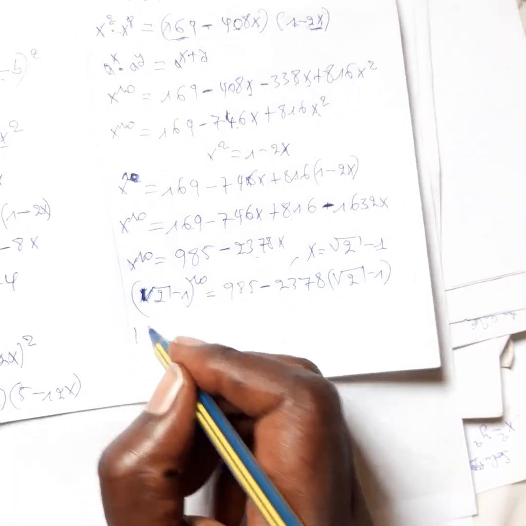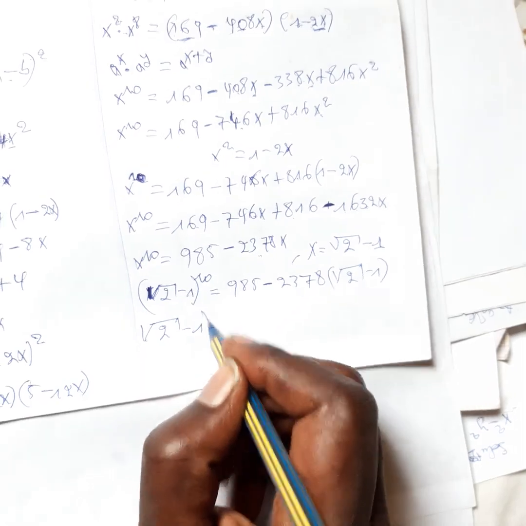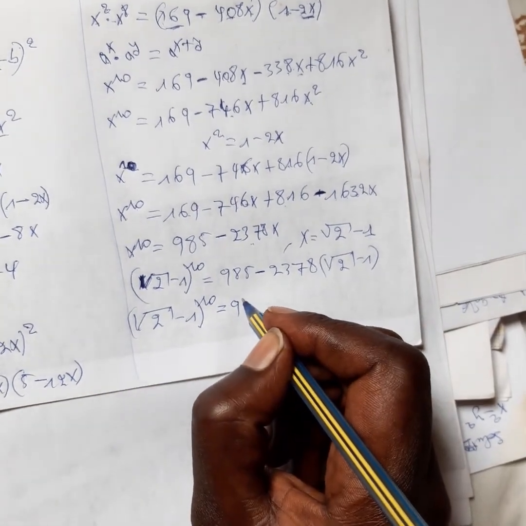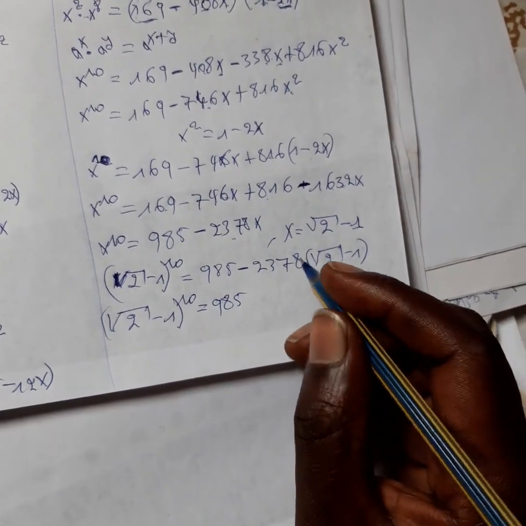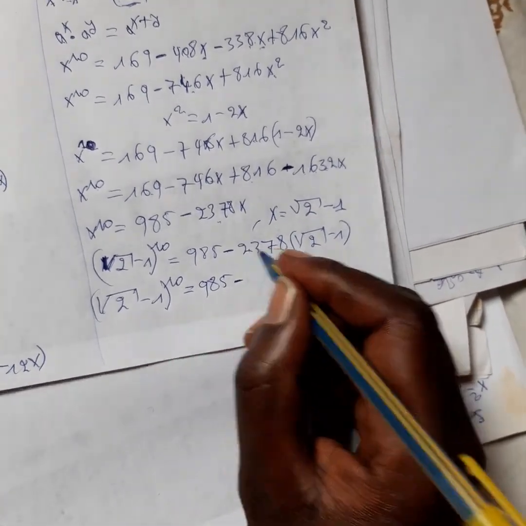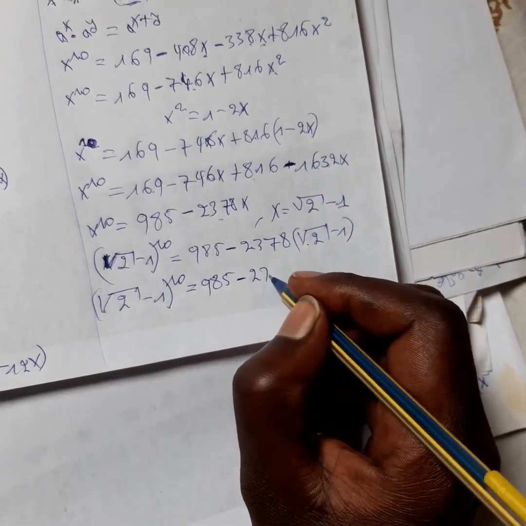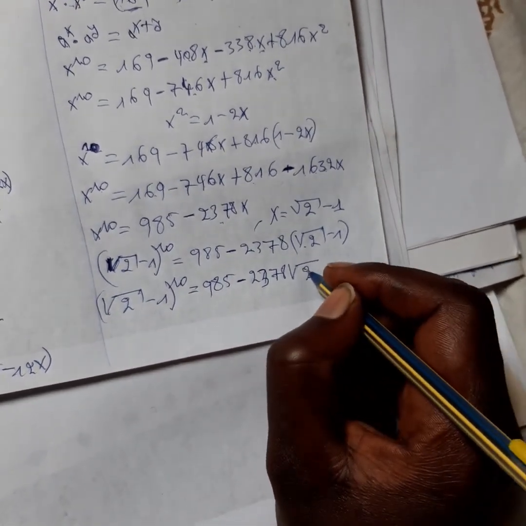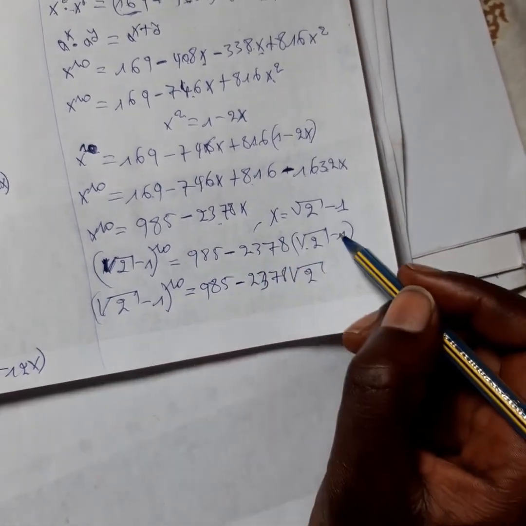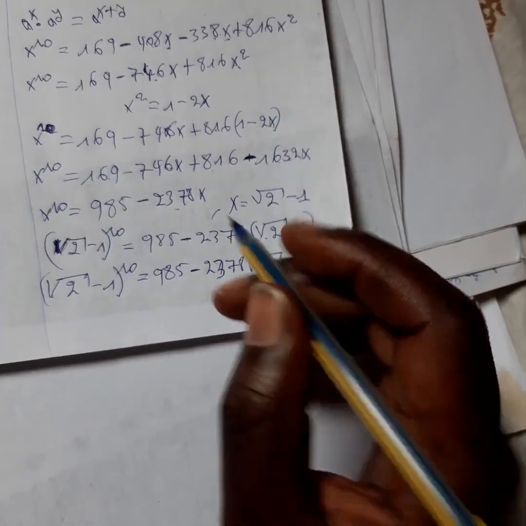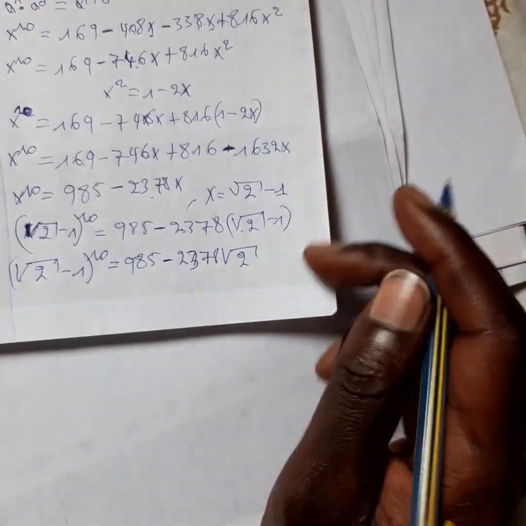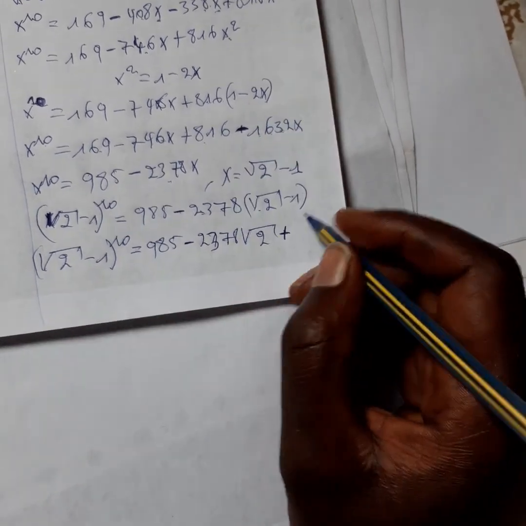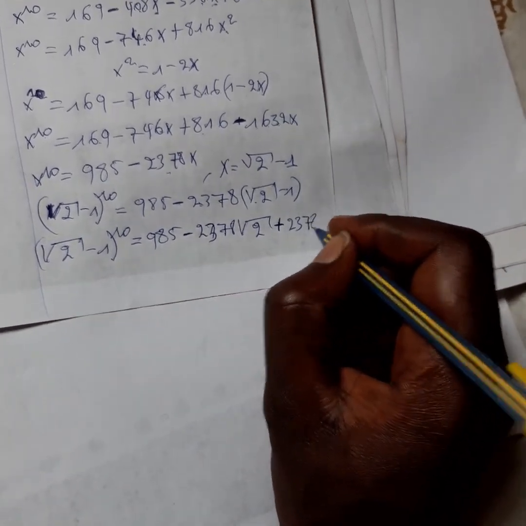So here we will have square root of 2 minus 1 to the power 10, which is equal to 985 minus this one times this one, it will be 2378 square root of 2, then minus times minus is positive, then this number times 1 is this number. 2378 times 1, we get positive 2378.